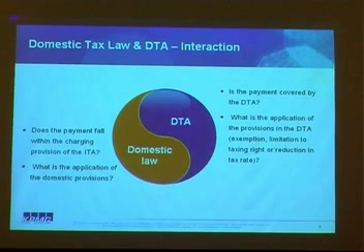If under domestic law there is no tax liability, then the double taxation agreement cannot make things worse and impose a tax liability. Okay? And this is sometimes something that catches people looking at DTAs for the first time off guard. Because, for instance, if you take a lot of Malaysia's agreements, there are provisions in there restricting the rate of Malaysian withholding tax on dividends.